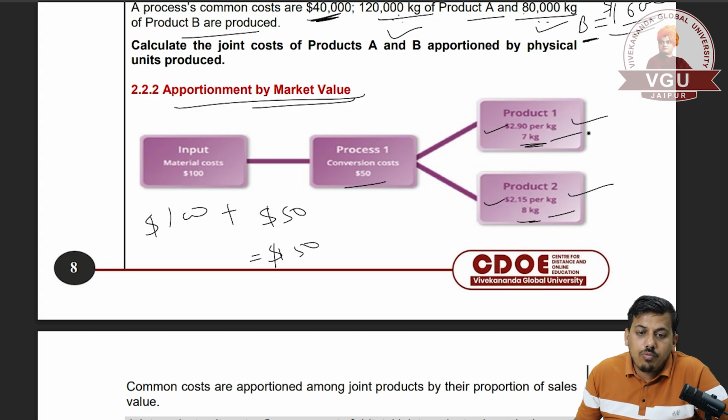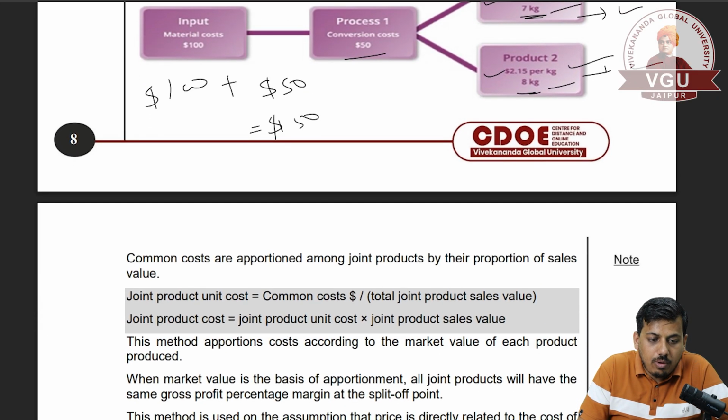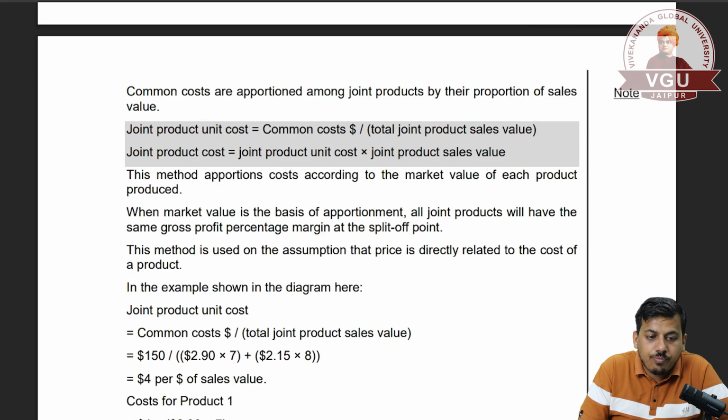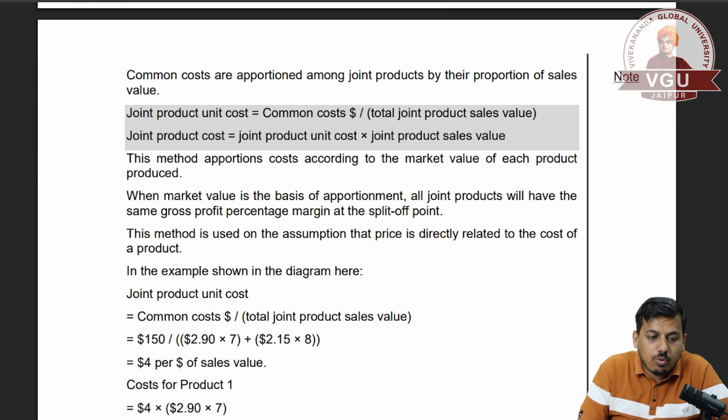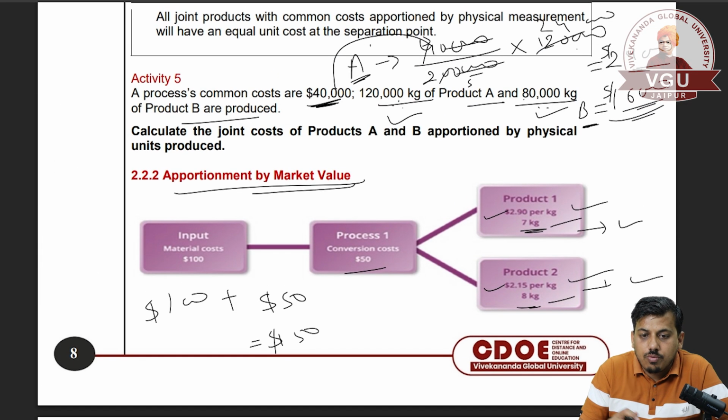What we will do is calculate the total market value of product A and the total market value of product B. The market value of product A is 2.9 multiplied by 7. It is not given here, so we will calculate it.